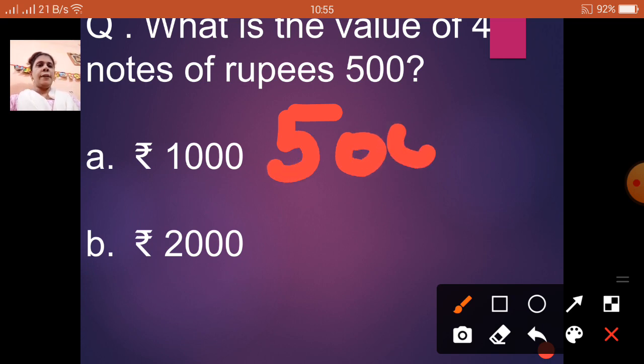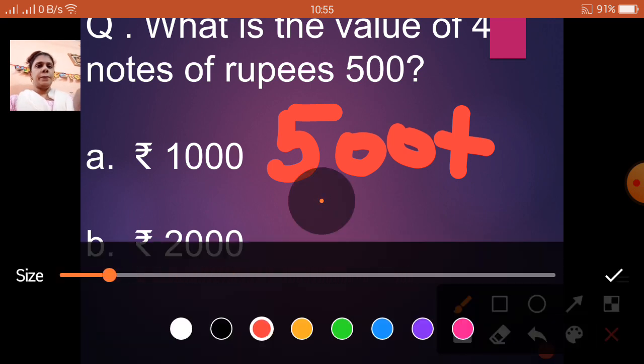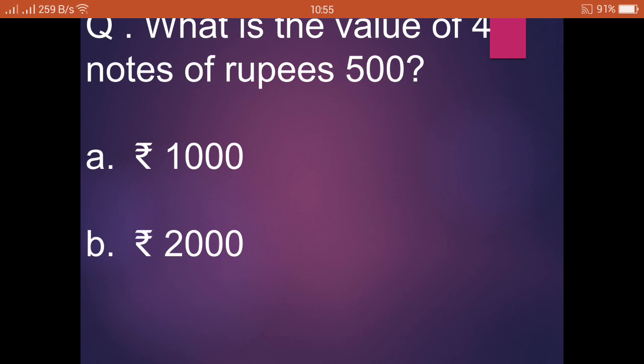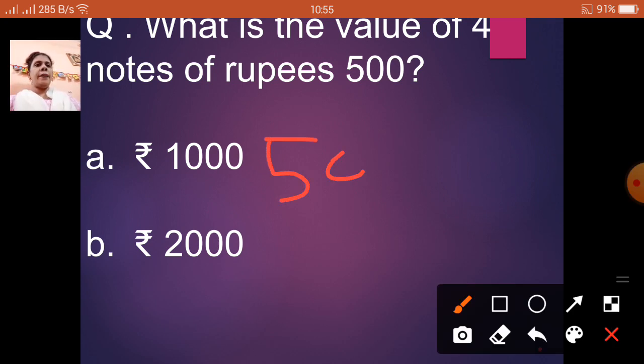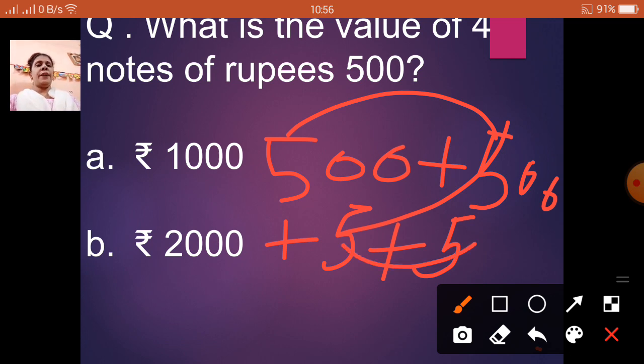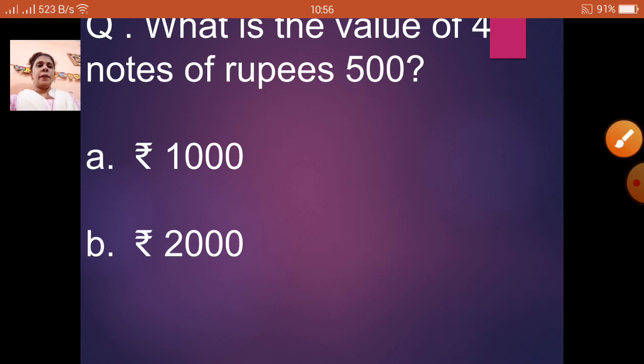So 500 plus 500 plus 500 plus 500. 500 plus this 500 will be 1000. 1000 plus this 500 will be 1500, and 1500 plus this 500 will be 2000.